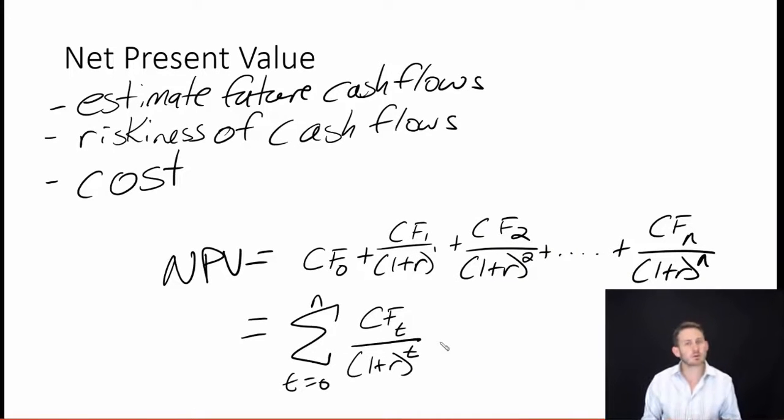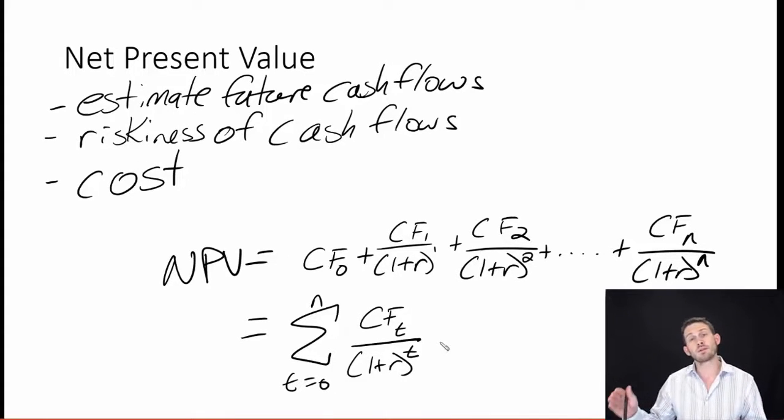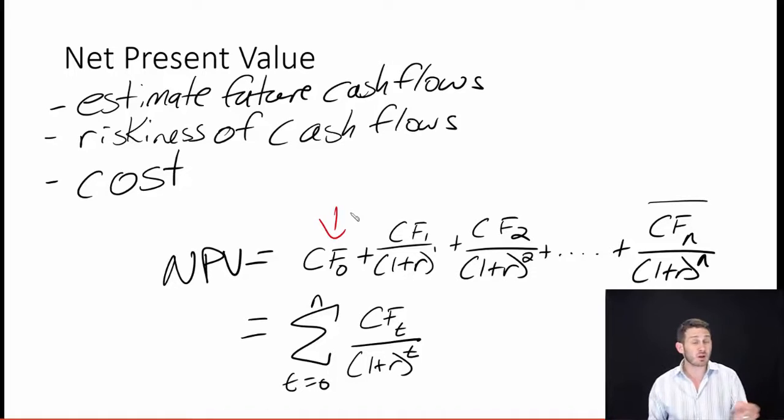We're estimating our cash flows in year 1, year 2, year 3, all the way up until time period N. Then we're using a required return, which is given based off of the riskiness of the project. And then we are subtracting off cash flow 0 right here, which is typically what our cost of the project is.